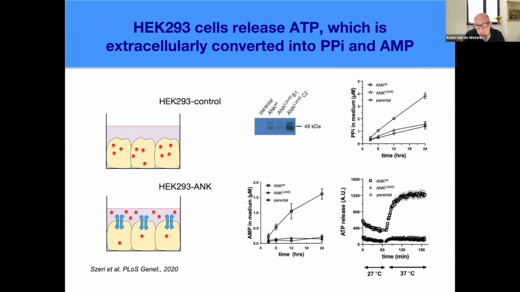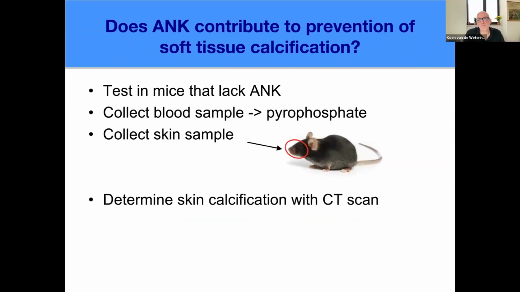So this was actually very encouraging data. And we then wanted to see, is this process also important in PXEers, or basically in human beings, to prevent calcification in soft connective tissues?